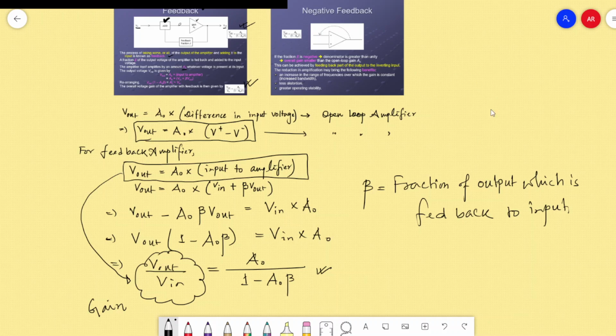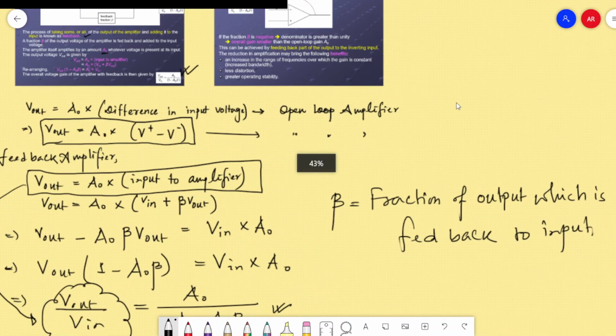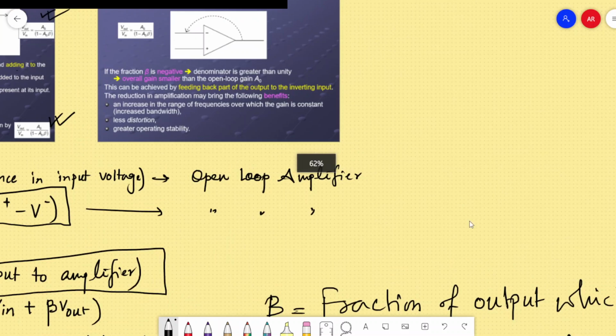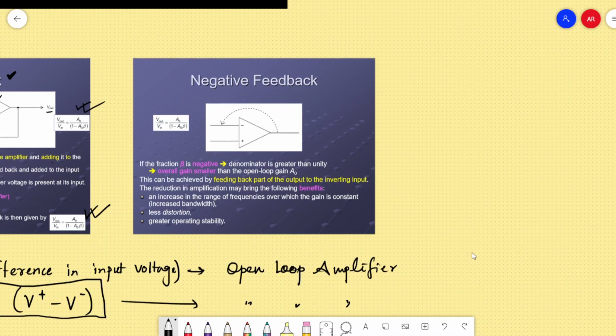So for this second slide, the negative feedback, illustrated by this diagram. When we look at the operational amplifier, there are two input ends: one is V minus, the inverting terminal, and the other is V plus, the non-inverting end.